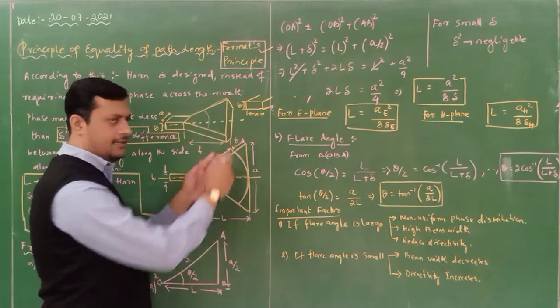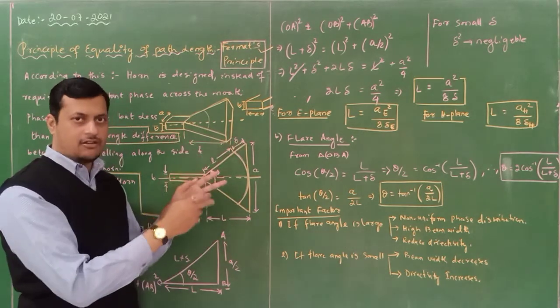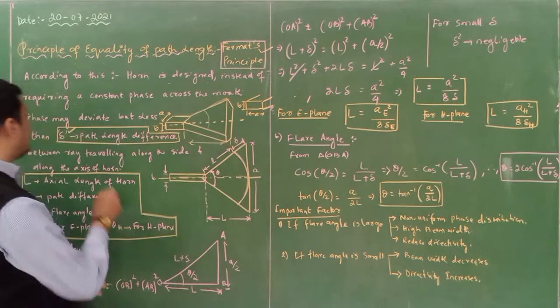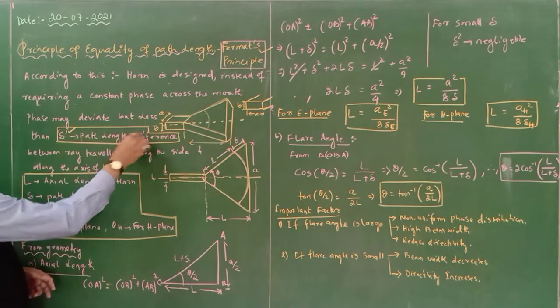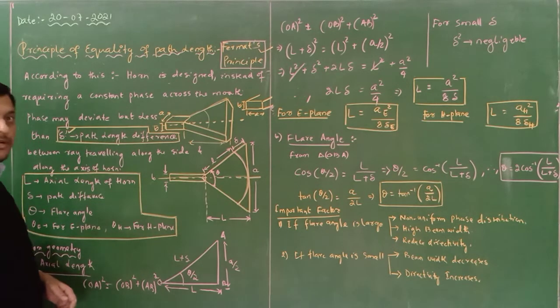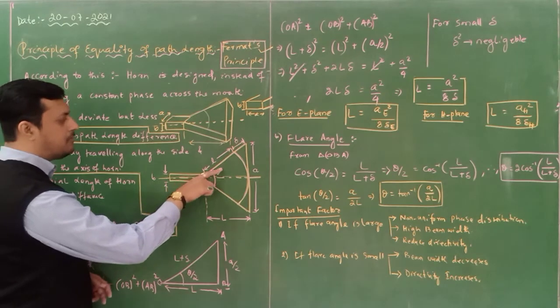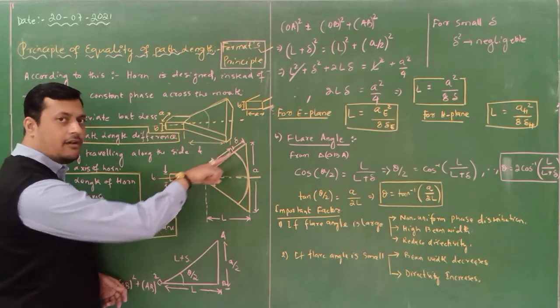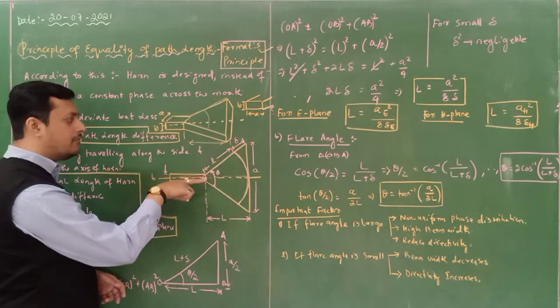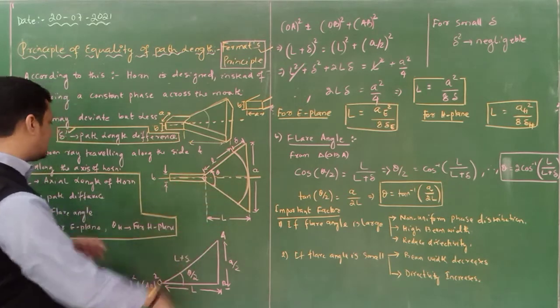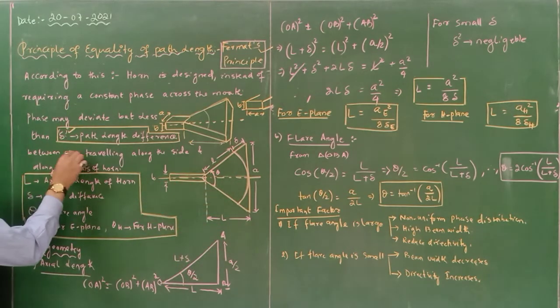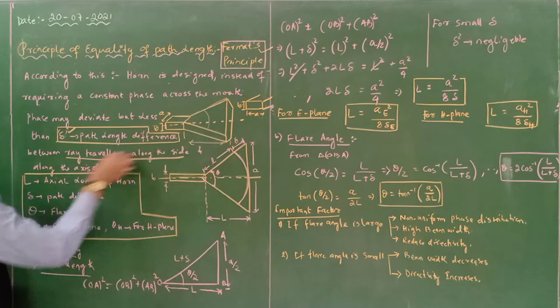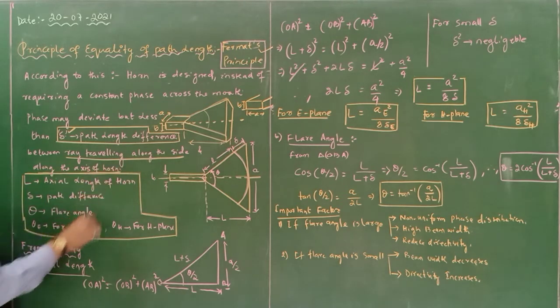Now, this delta depends upon the path length difference, you can say. Here I have written delta is called the path length difference between the ray traveling along the side and the ray along the axis of the horn.